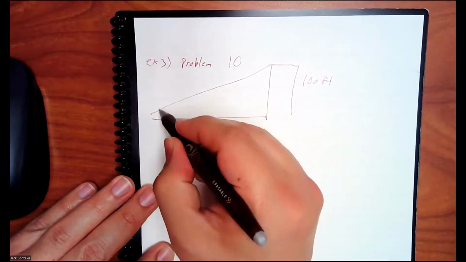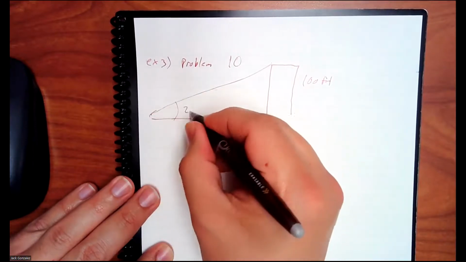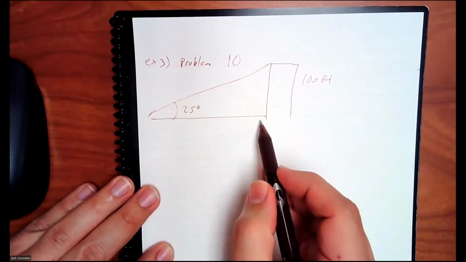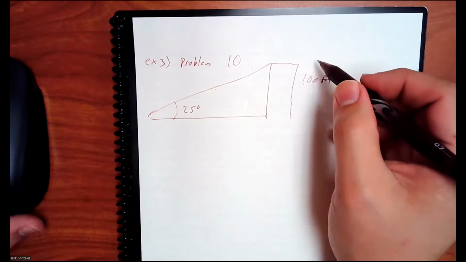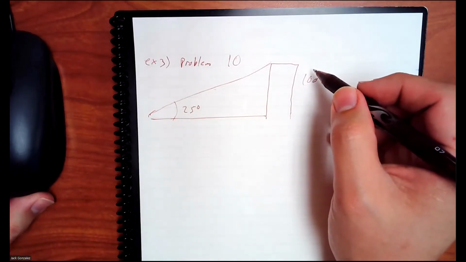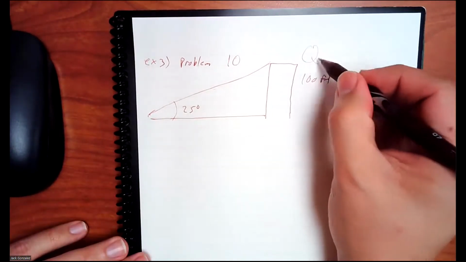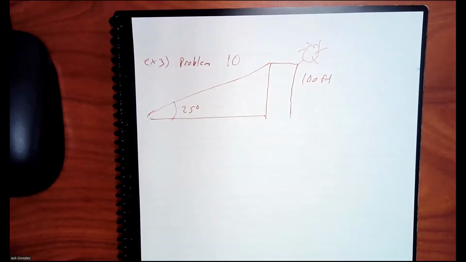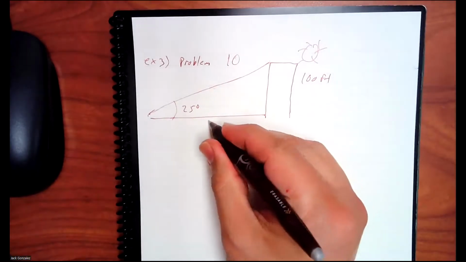Angle to the sun is 25. They want to know the shadow, because the sun's up here, I believe, right? Happy little sun here. So they want to know the shadow cast, X.